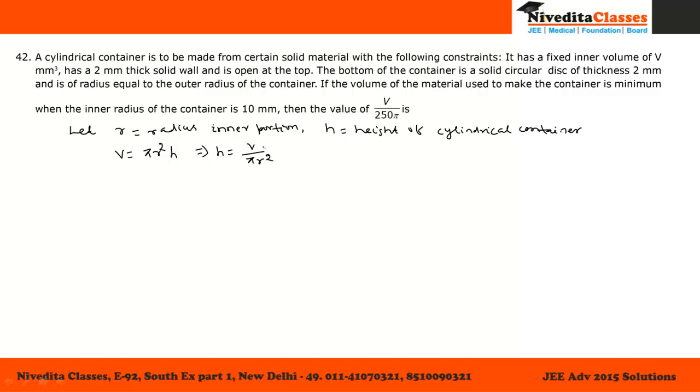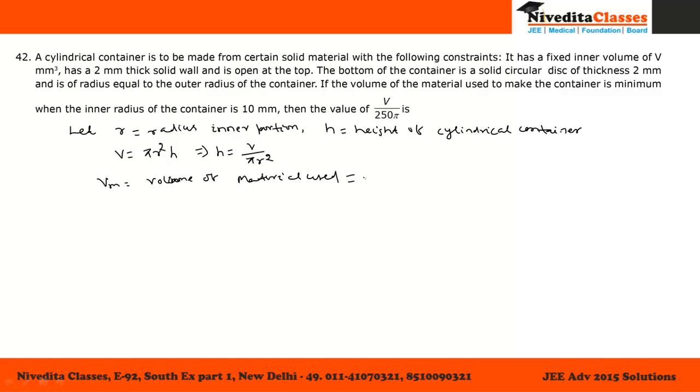Next, the thickness of the wall is 2 mm. So the volume of material used, we can write Vm, is equal to the volume of material used. That must be the curved surface volume plus the bottom volume.